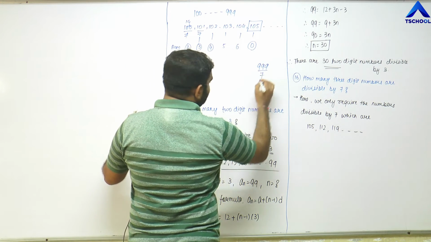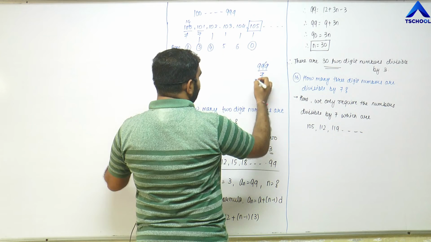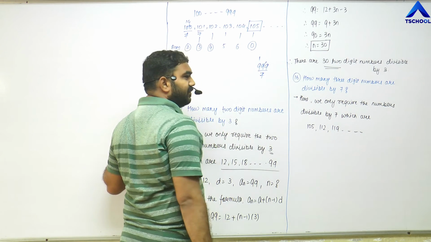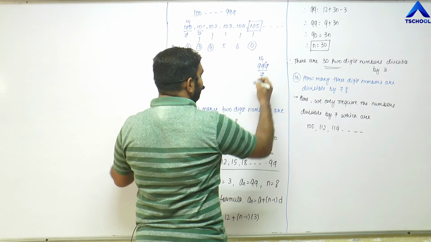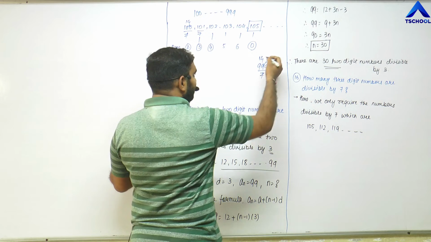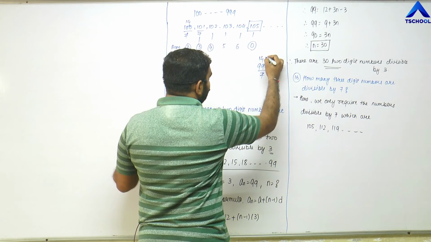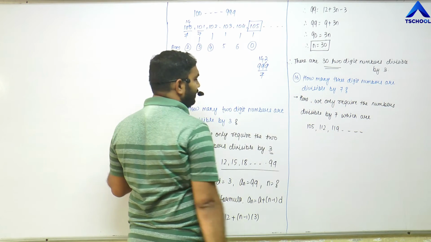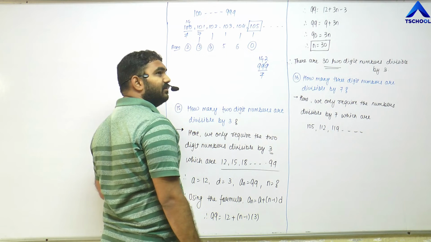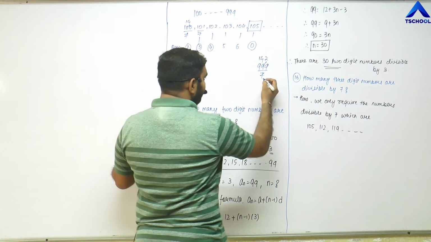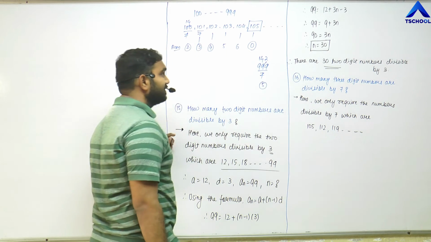So the last number here is 999, divide that by 7. What I am going to get is 7 into 1, 7, remainder 2, 29, 7 into 4, 28, remainder 1, 19, that is 7 into 2, 14, right? 7 into 2 is 14. So this will give me 5 as remainder.